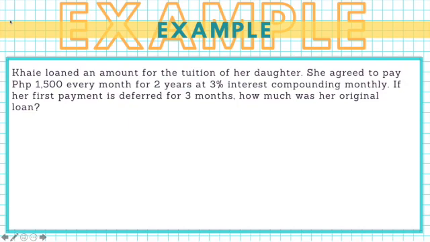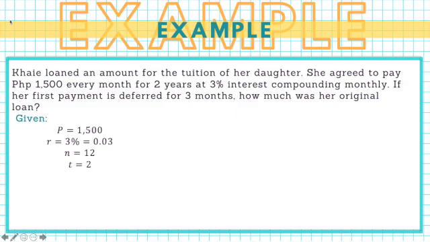To answer this, we have to identify first the given values in this situation. We start with the periodic payment, which is 1,500. The interest is 3% or 0.03 in decimal form. N is 12 since it compounds monthly.